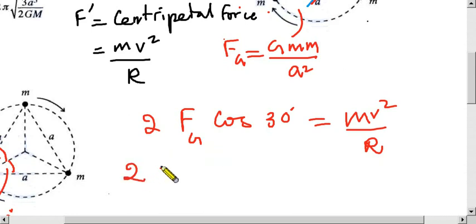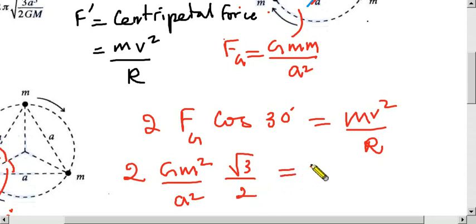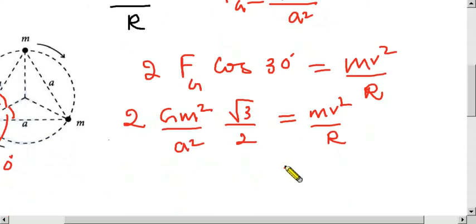So 2 times G mm, means m squared divided by a squared, cos 30 means root 3 divided by 2, equals mv squared divided by r. So the centripetal force we have now found; totally this thing is equal to mv squared divided by r.